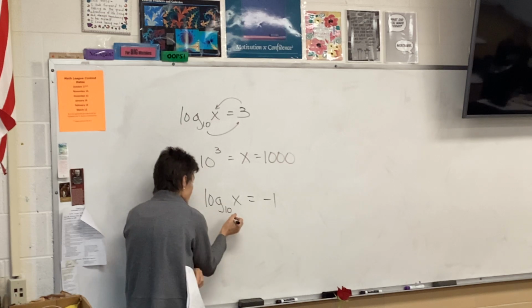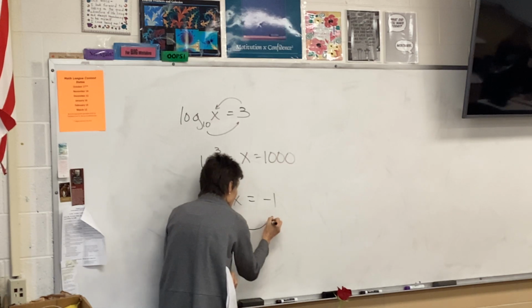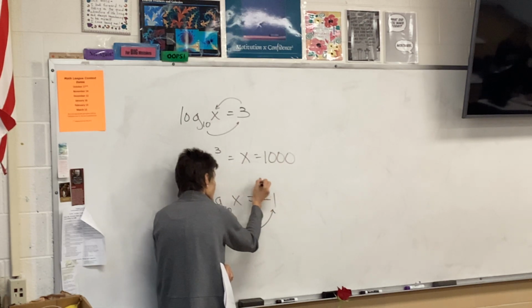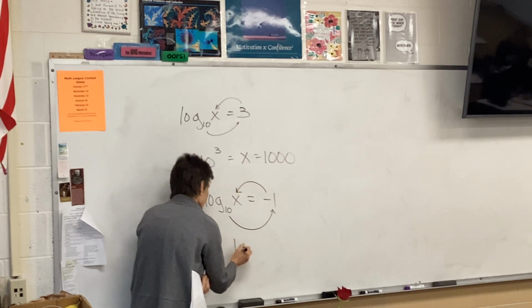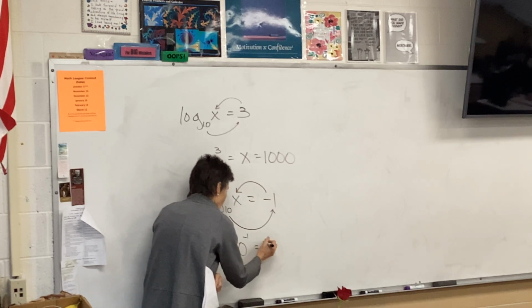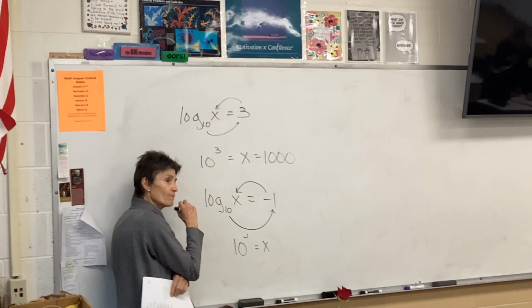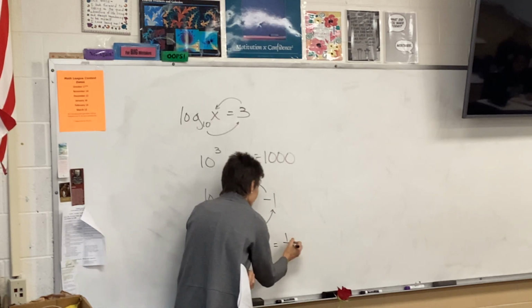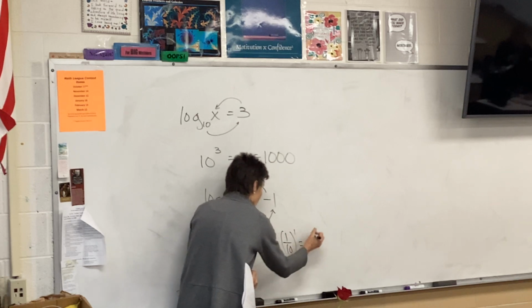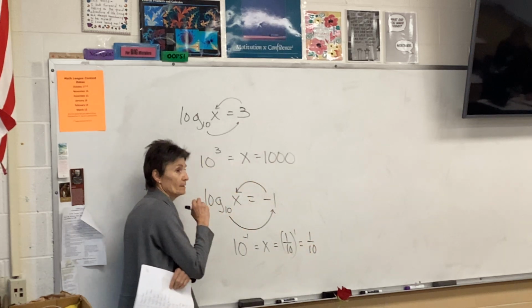Then it says 10 to the -1st equals X. What does 10 to the negative first mean? 1 over 10 to the first, which is just 1 over 10.